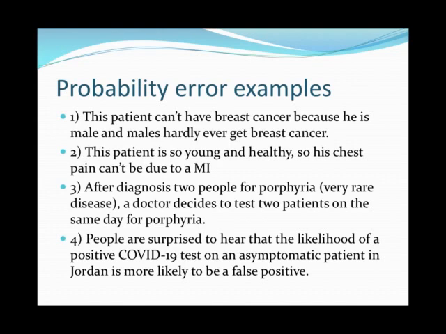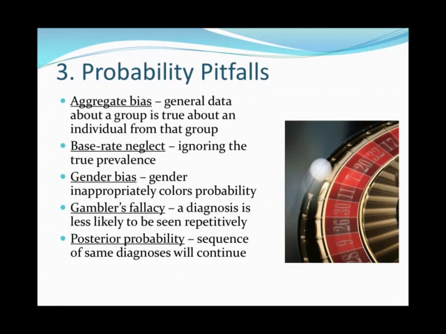If people are surprised to hear that, which of these pitfalls or errors are they making? Base rate neglect. We're ignoring the true prevalence, because the truth is that the prevalence in Jordan is so low.